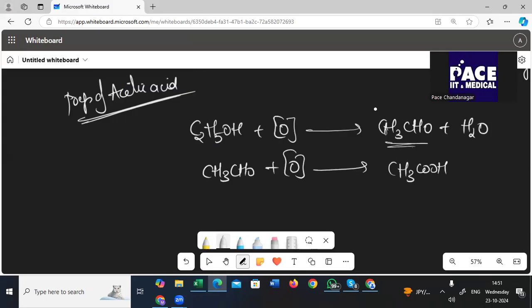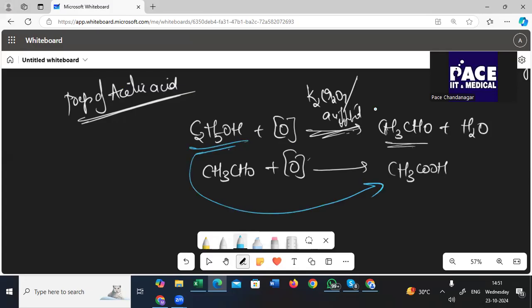This is in the presence of acidified K2Cr2O7, which is your reagent used here for oxidation. So oxidation of ethyl alcohol will finally yield you CH3COOH. Although this is not a one-step process, I have clearly shown you the two steps in this process here.